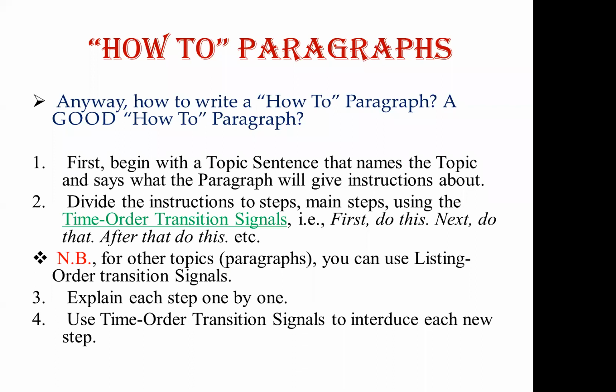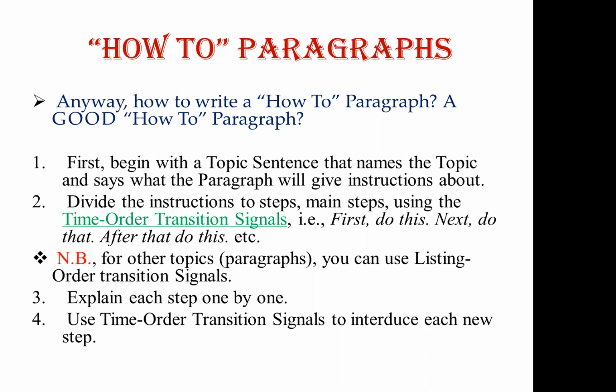So you bring the topic, then you write a topic sentence. In the topic sentence, you will say what the paragraph will give instructions about, not what the paragraph will discuss, and not what the paragraph will show or prove. It just gives instructions.